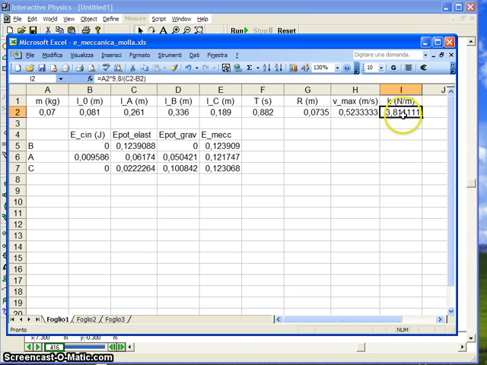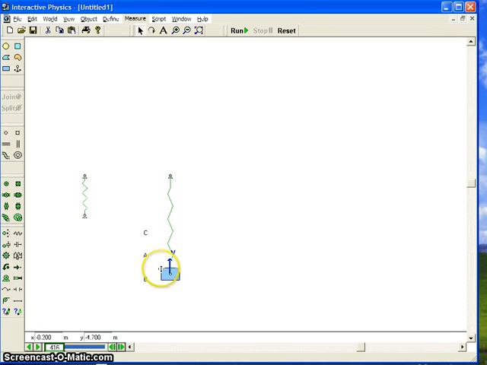You can compute this value by using this formula, where you have the gravitational force given by the mass and gravitational acceleration, and you have to consider the variation of the length of our spring between the position A with respect to the initial length of the spring.